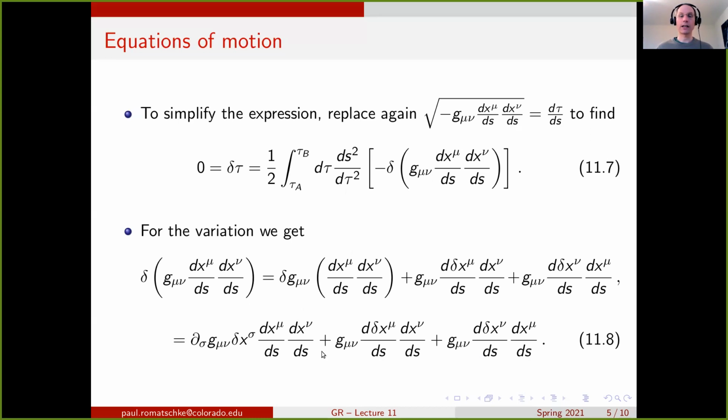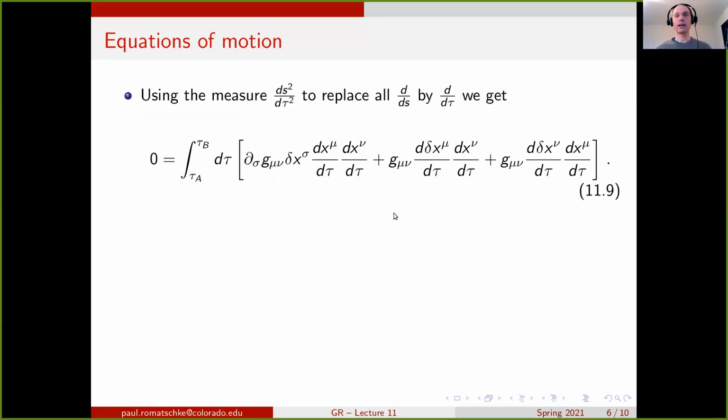So effectively, we can replace all d by ds in these variations by d by dτ, by multiplying in this ds squared by dτ squared. Doing this, we find an expression that says that the minimum of the proper time is given if this integral here vanishes, and the integral here contains three terms, which are the three terms which we had on our previous slide.